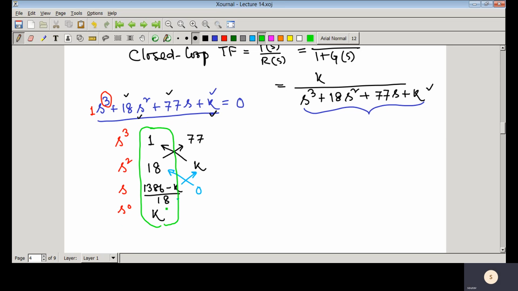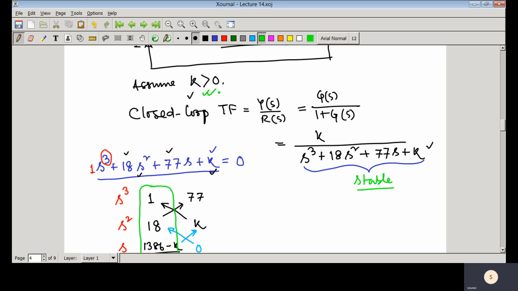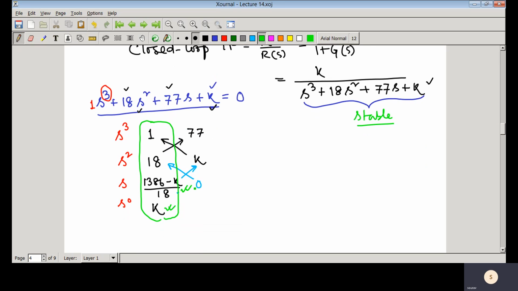This polynomial would be a stable polynomial, that means all roots will be in the left half of the S plane, if there is no change of sign. As we have assumed that K is greater than 0, this particular term here should be greater than 0.